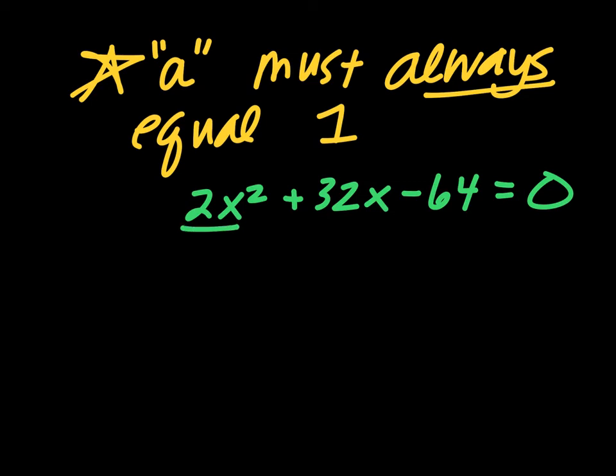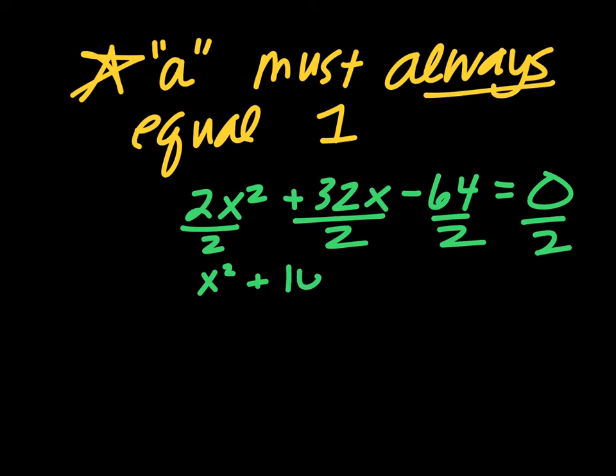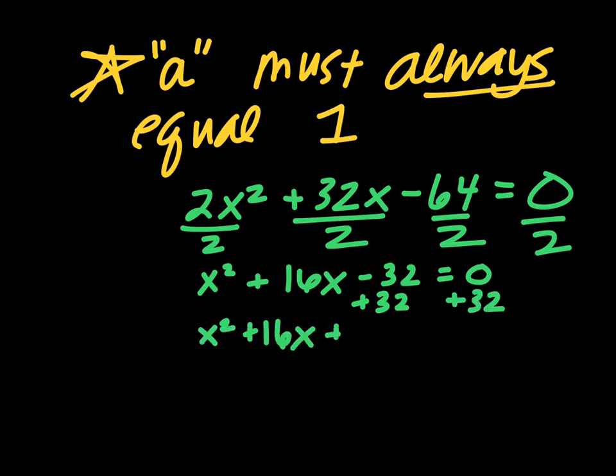So my first step here is to actually make a be 1. And I'm going to do that by dividing every single thing by 2, which gives me x squared plus 16x minus 32. I'm going to add 32 to both sides, and I'm going to get x squared plus 16x plus something equals 32 plus that same thing.